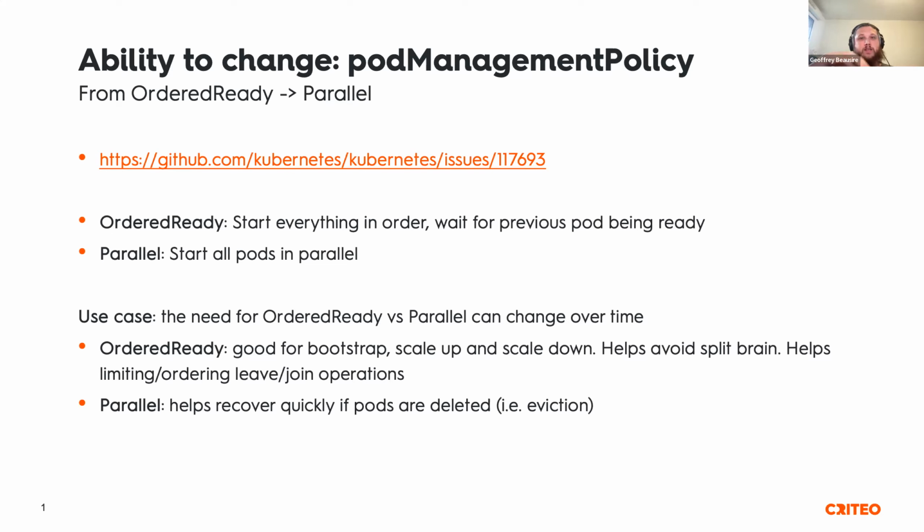And parallel is very good because you can quickly recover if your pods are deleted. If your 10 pods are deleted, in parallel they will all come up at the same time, whereas in ordered ready you have to wait for all of them to start in order. So the most common operations would be in ordered ready, and if you have an issue, you can switch to parallel, or switch to parallel and then implement some features with a controller.